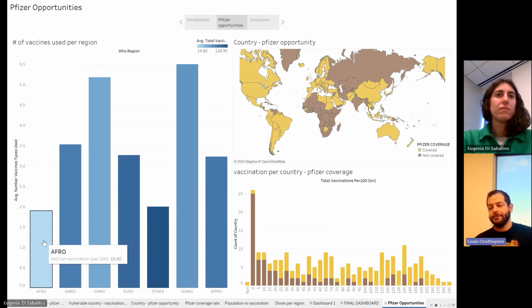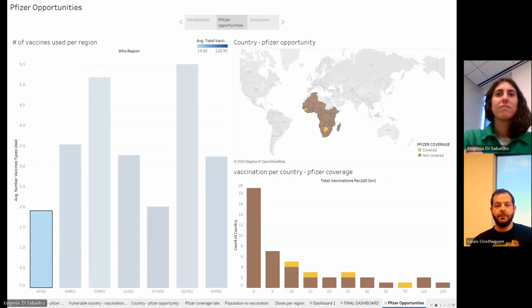Specifically focusing on Africa, we found that in 45 out of 48 countries with vaccination rates below 35%, Pfizer was not present. This further emphasizes Africa's potential as a key market for Pfizer's expansion efforts.